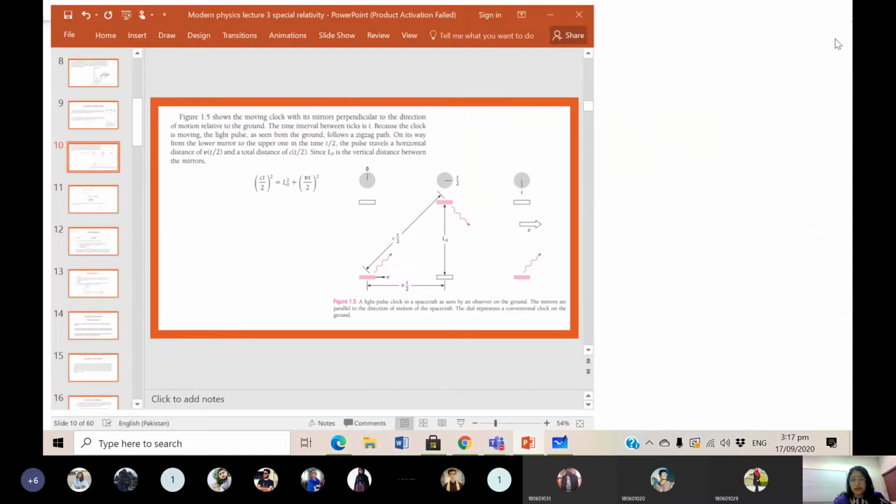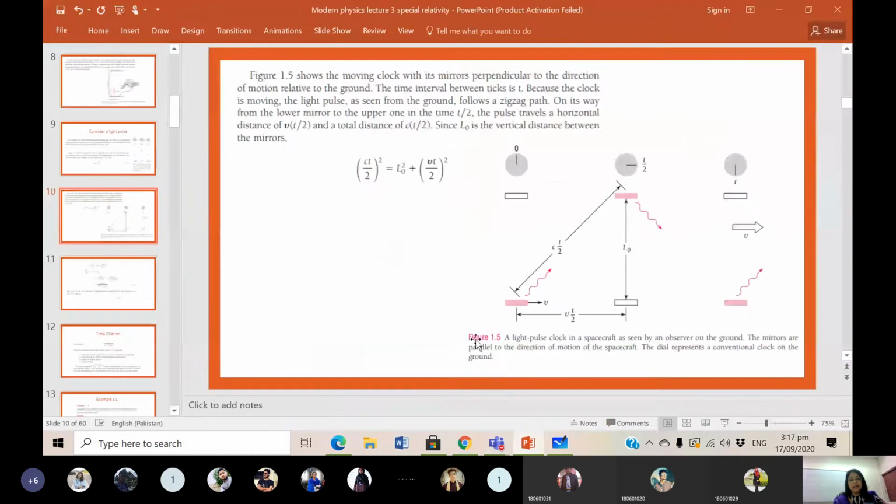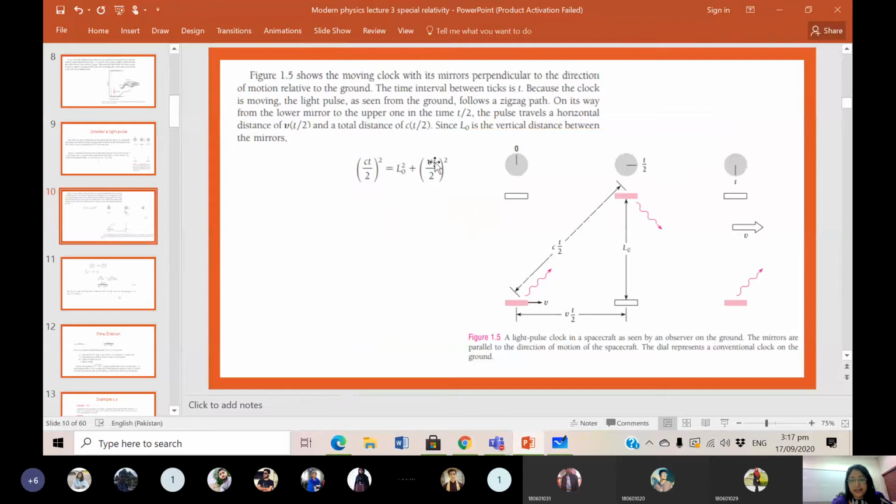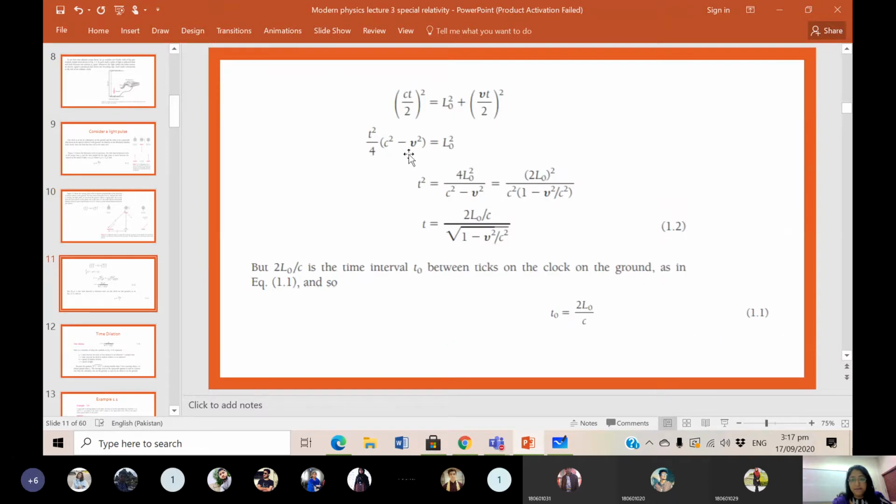So this is our formula. Now this was our situation and we got a formula according to Pythagoras theorem for this situation. So if we want to algebraically solve this formula, rearrange this formula, take the t on the side of the equation, it will become c squared over 4 minus v squared over 4, and t squared is equal to L naught squared.